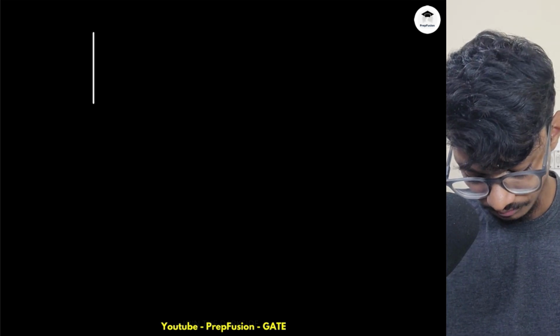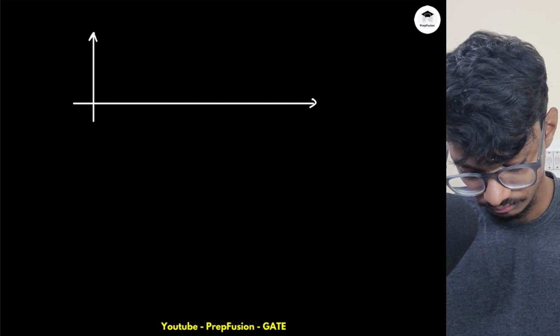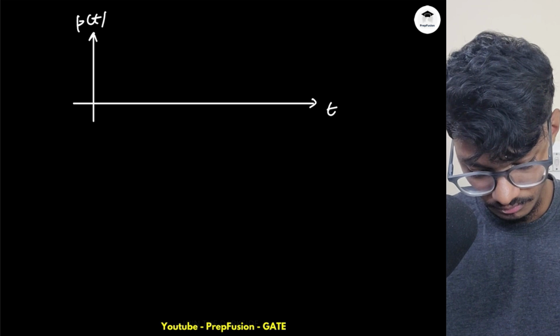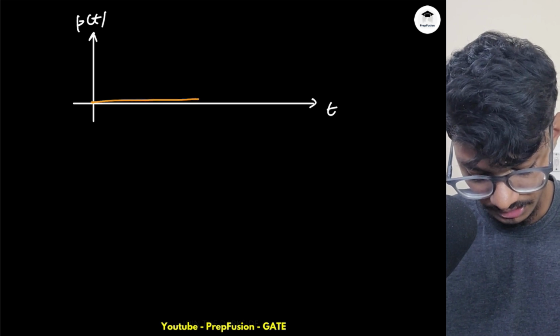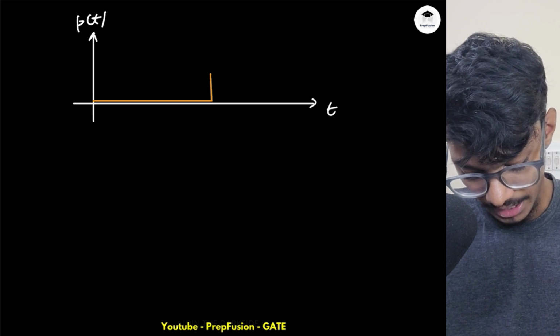So how will my graph look? My P of t graph, if I draw it, will look something like this. It will start from here, then it will increase at what junction?